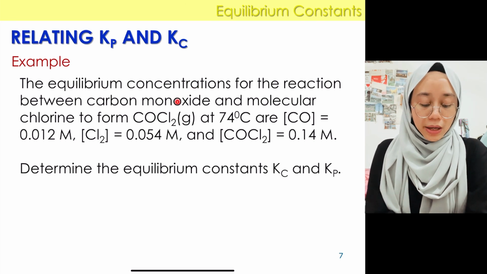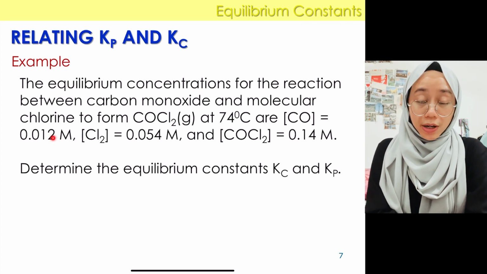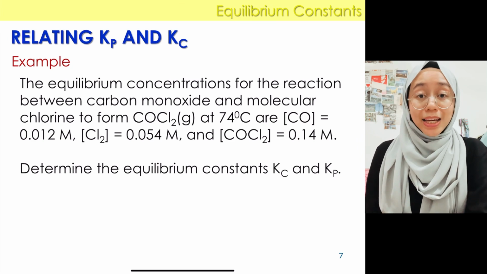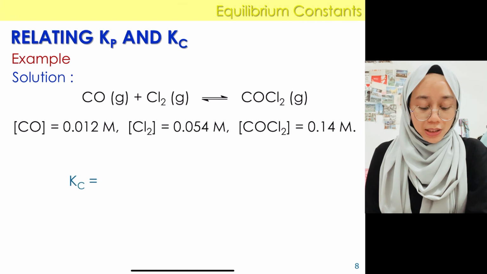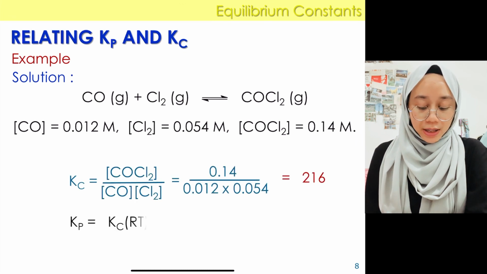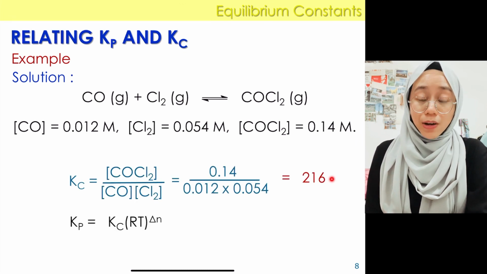So ini memang concentration yang dekat equilibrium, therefore kita boleh terus proceed cari Kc. We can look for the Kc by using the information given here. Once you find the Kc, you get 216.